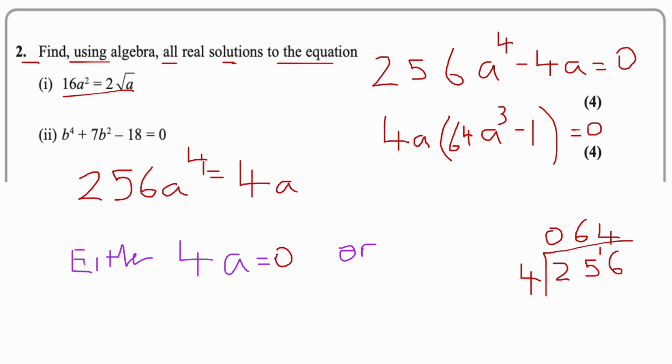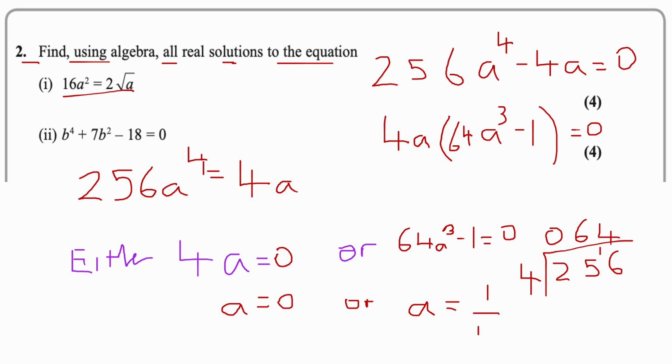Okay, so solving this, we get that a is equal to 0, so that's one of our real solutions. Or, solving this, adding 1 to both sides, dividing by 64, and then taking the cube root, we get that a is equal to 1/4.